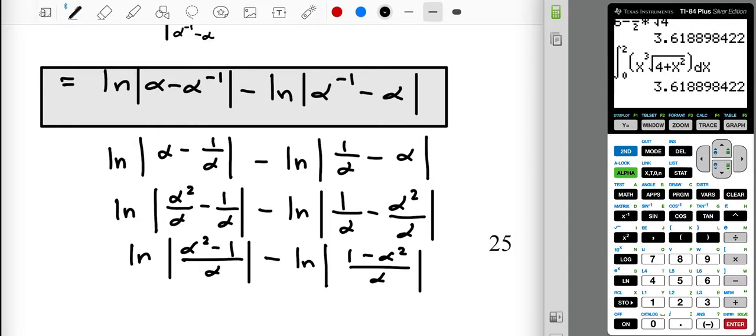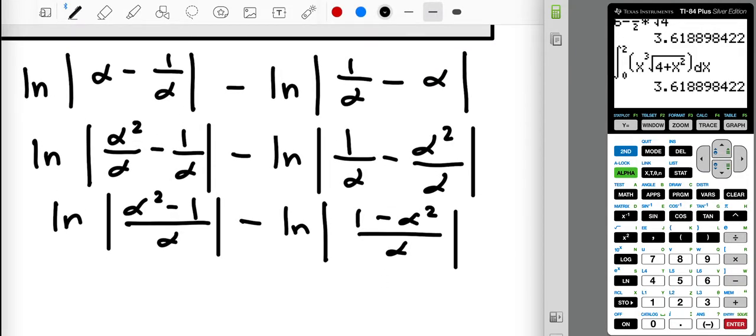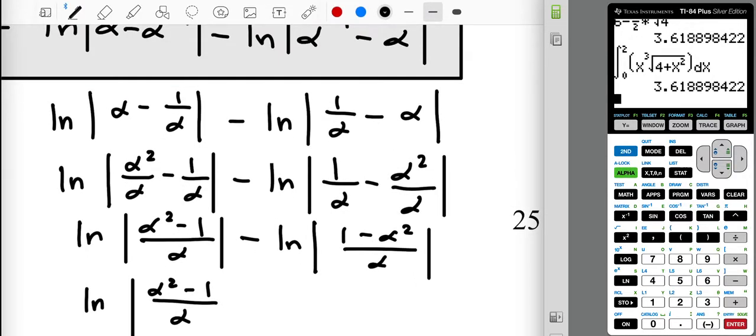We could break apart quotients. Quotients become subtraction, but we could also go the other way. It's expanded out to subtraction, so we could bring it together and make it a quotient. All right, so we could write this as ln of alpha squared minus 1 over alpha, divided by 1 minus alpha squared over alpha.